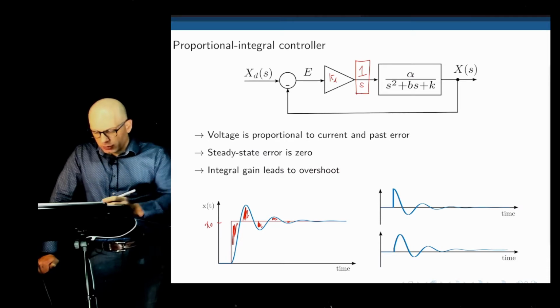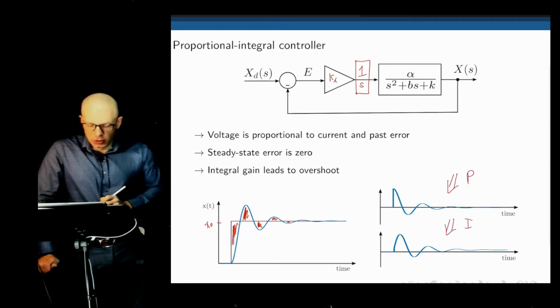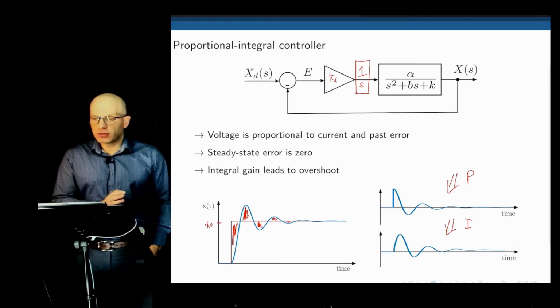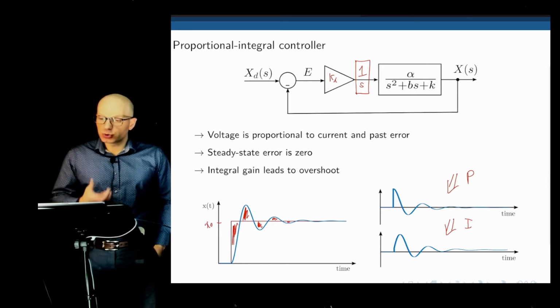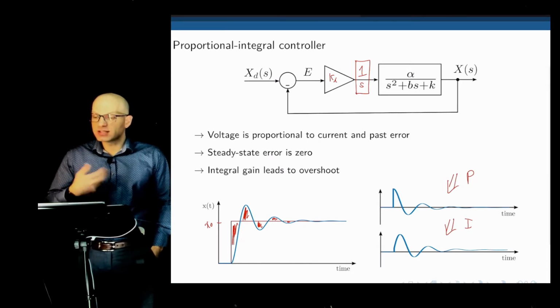Here we have the comparison with what a proportional controller would do, and here is what an integral controller would do. You see now that the proportional controller at the end of the cycle goes to zero because the error is zero. But now the integral controller reaches a steady state at a point where the steady state value it applies to the plant is never zero.